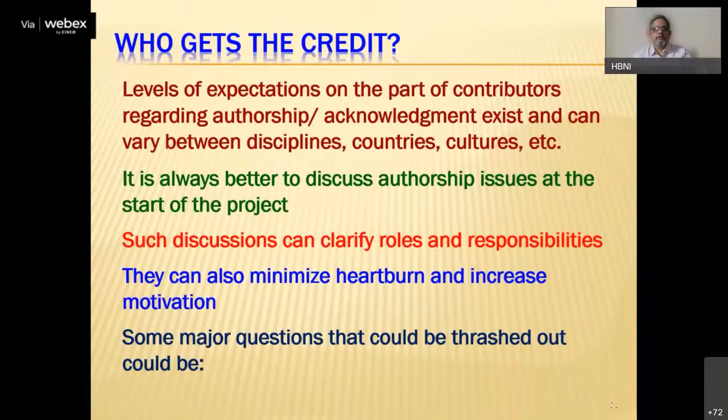These discussions clarify the roles and responsibilities, and they also serve to minimize heartburn and increase motivation among the people participating in this activity.